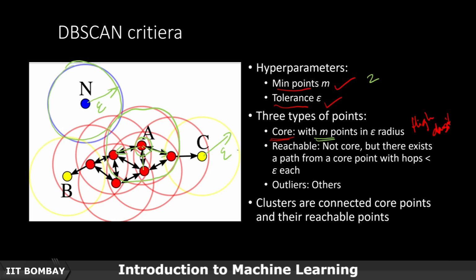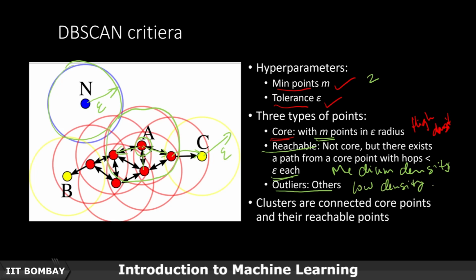On the other hand, if I can reach some point from a core point with steps that are less than epsilon each, then it is a reachable point. This is medium density. We assume that they lie in the medium density region. All the points for which there is no neighbor within the epsilon radius, that is an outlier, low density.